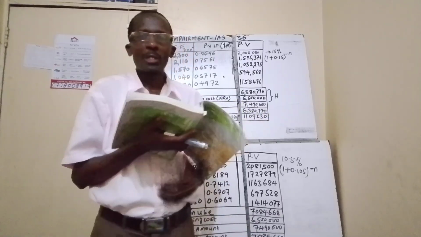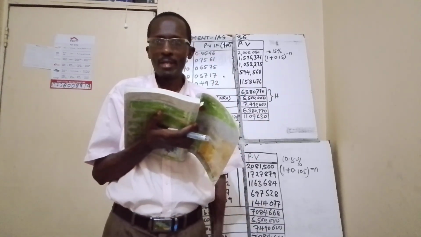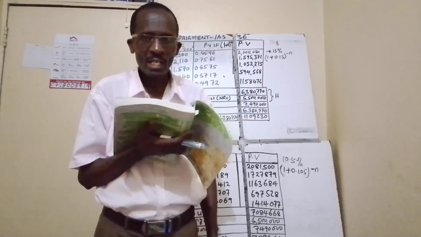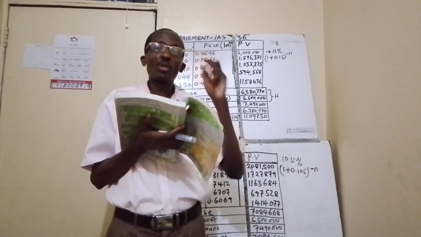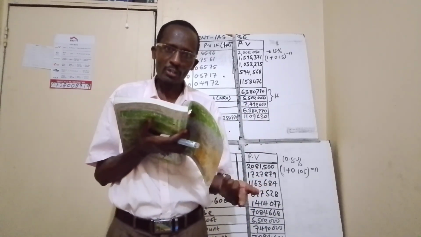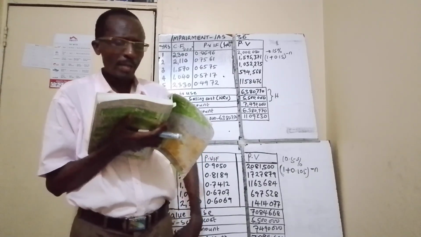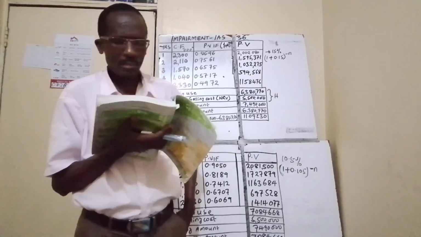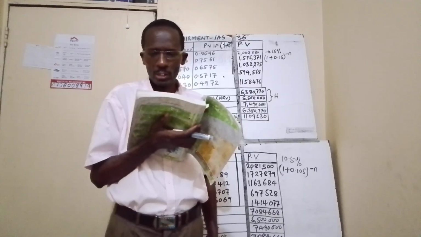Whenever you want to establish whether an asset has been impaired, you must have the net book value, since impairment occurs when net book value, which is also called carrying amount, is more than the recoverable amount. And I've shown you how to calculate the recoverable amount.